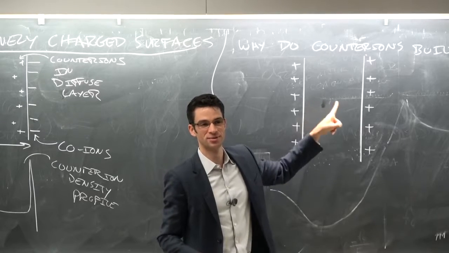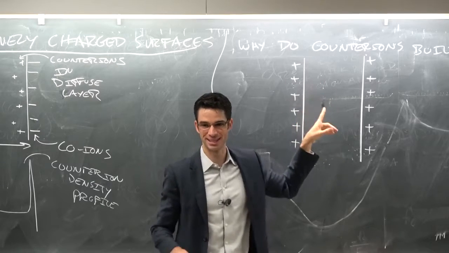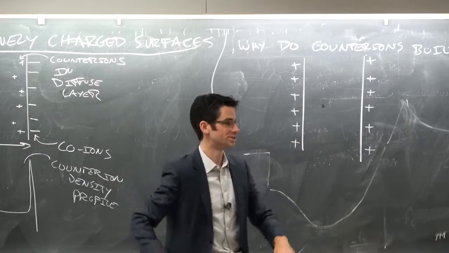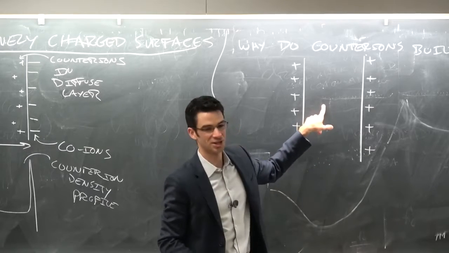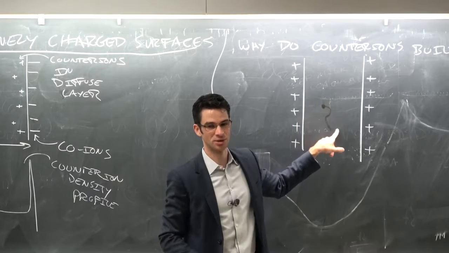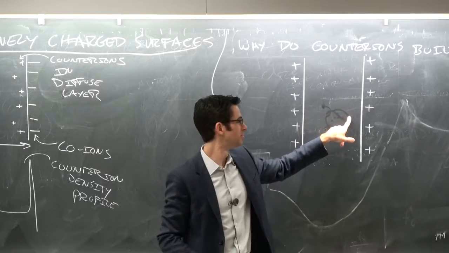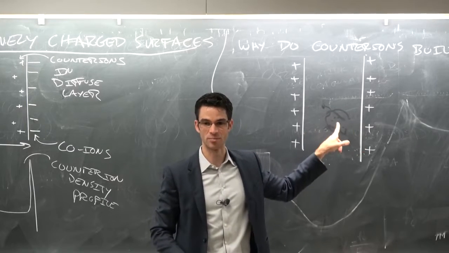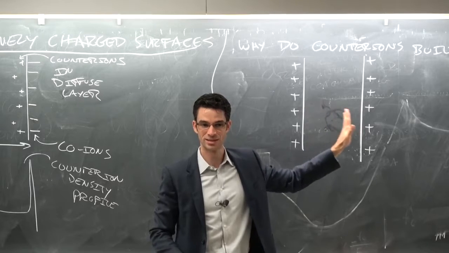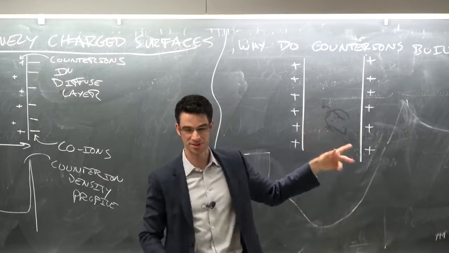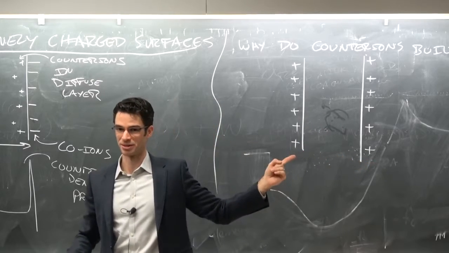If these walls are infinitely large, which we can approximate if we have big nanoparticles relative to the separation, and we have a single negative charge in here, it's just going to float around. It's not going to do anything. Why is that? Because there's no electric field in the gap. If you have two of the same charge on opposite sides, there's no electric field, so there's no preference on where the charge is going to go.